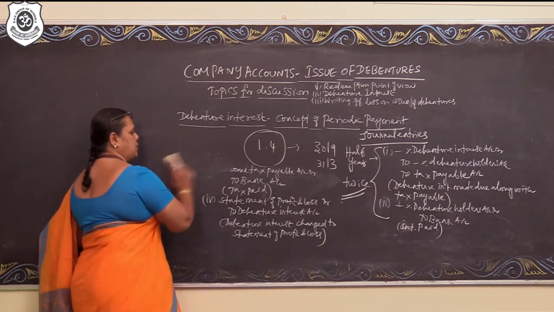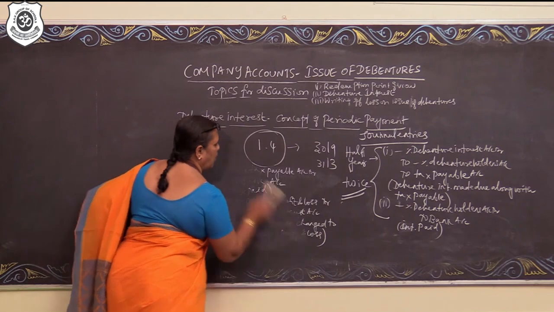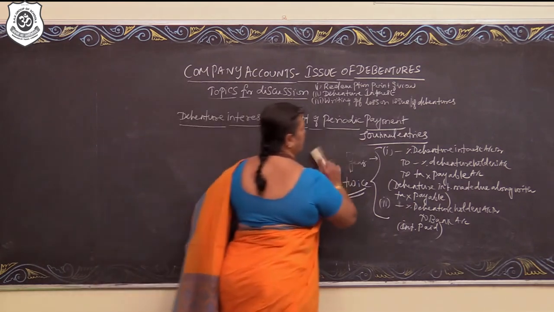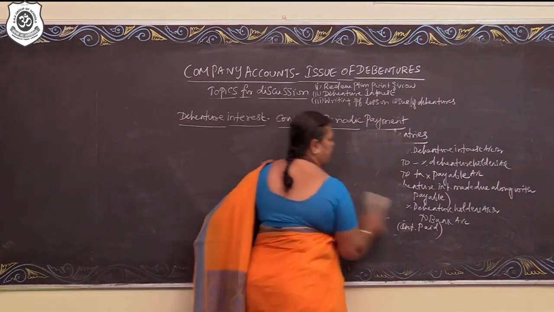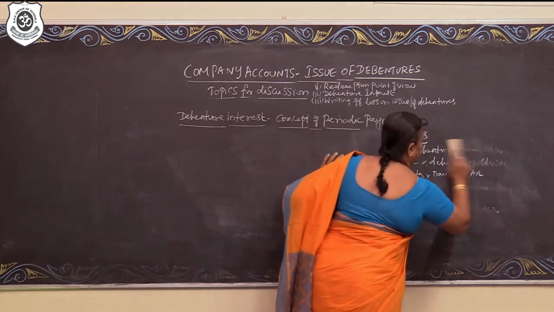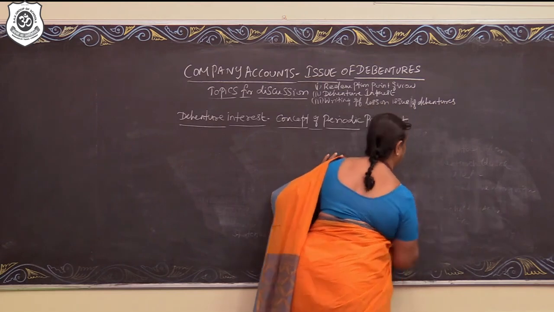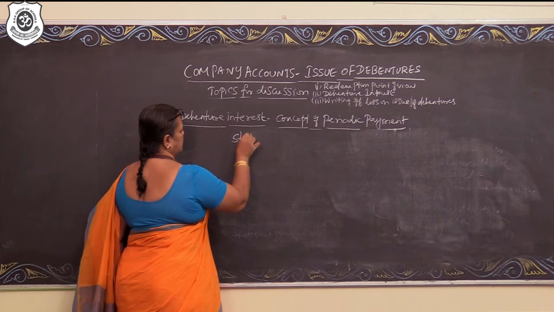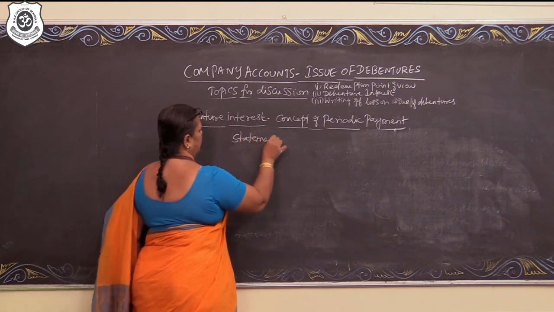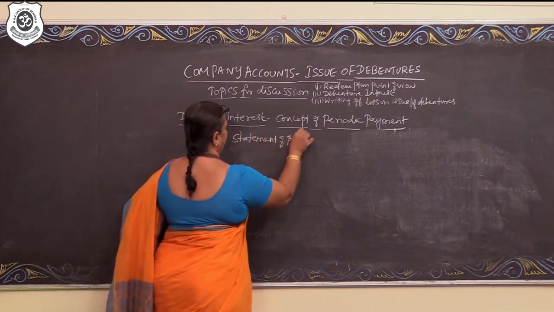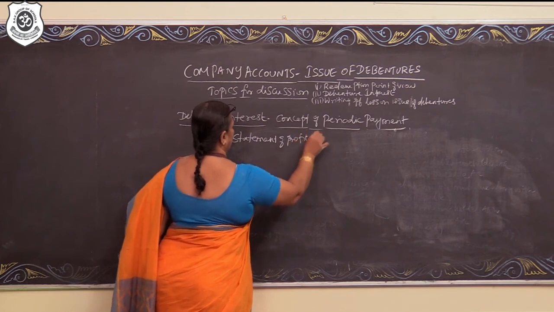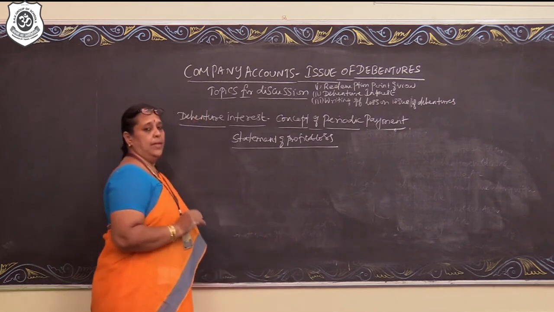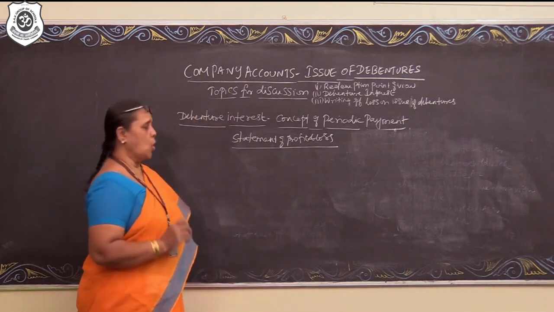Now, in continuation of this, let us discuss how we are going to deal with debenture interest in the financial statements. In the statement of profit and loss, in case the interest is already paid, then it is a part of finance cost.